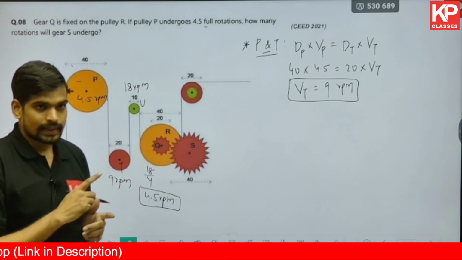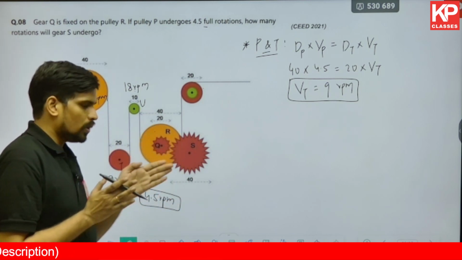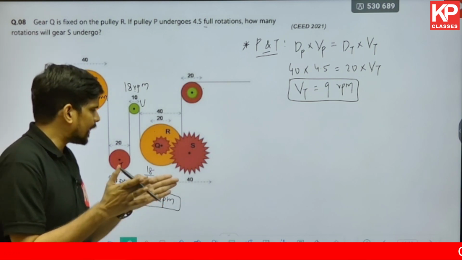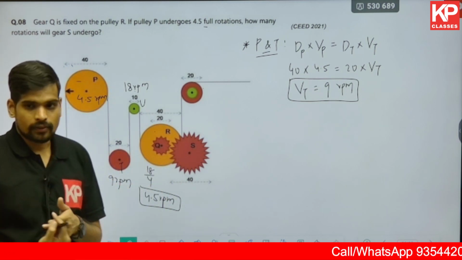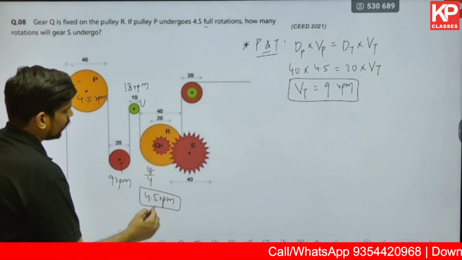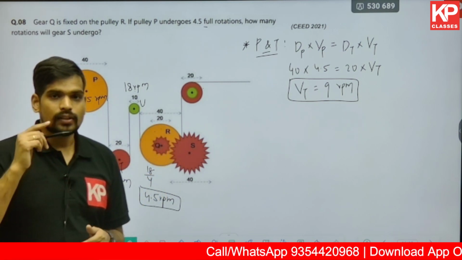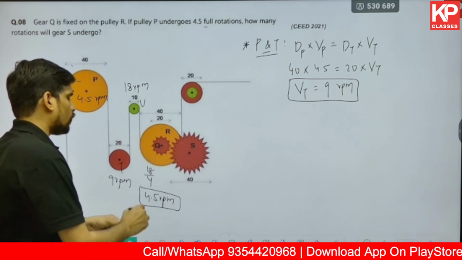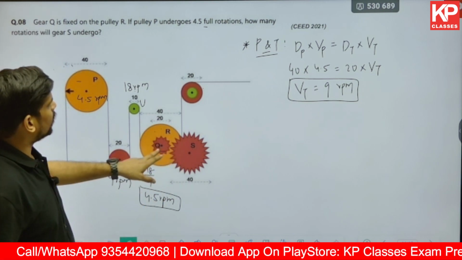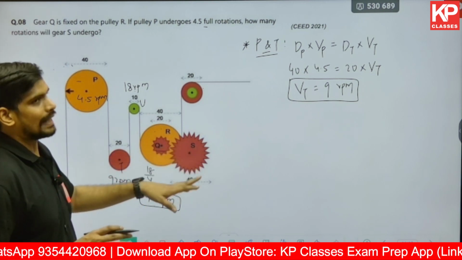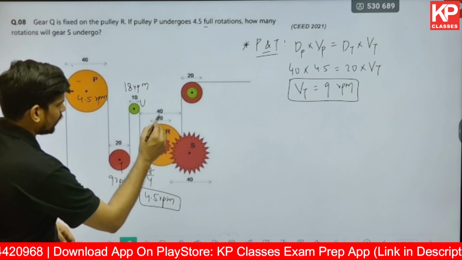And the same concept as the previous one: here the pulley R, the disc R, and the gear Q are fixed together. So you don't apply the driver and driven concept, they are moving together. So if this is 4.5 RPM in the disc R, you will have the same 4.5 RPM in the gear Q also. So you just need to apply the concept of driver and driven for Q and S. For Q, the diameter is given as 20.